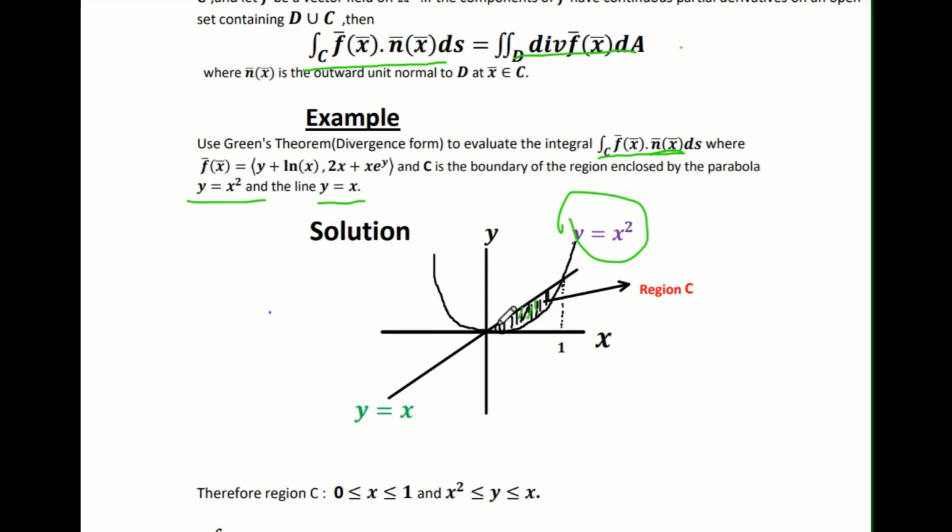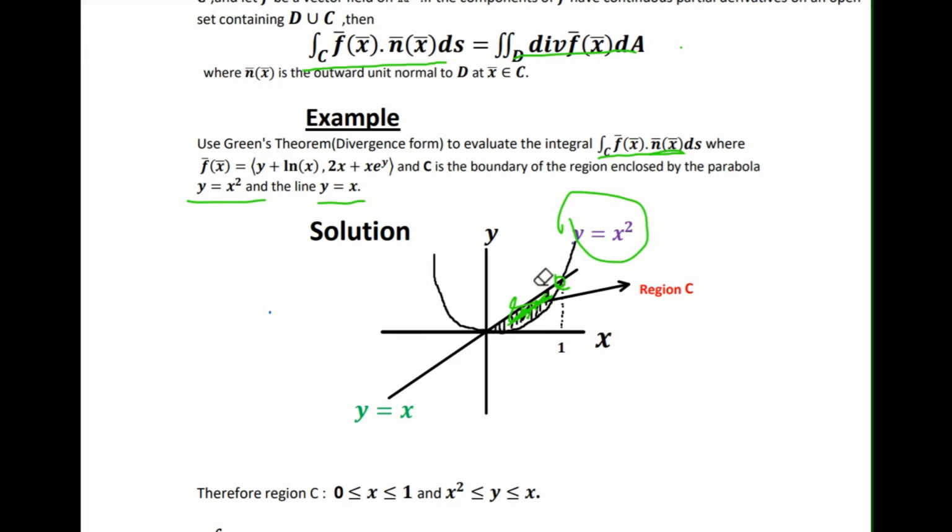They enclose this region, which makes my region C. If you find the values of the intersection, you will find that x equals 1. To find this, just say x squared equals x. Then you will find that they intersect at x equals 1 and x equals 0. Since we're looking for the 1 here, x equals 1 here.